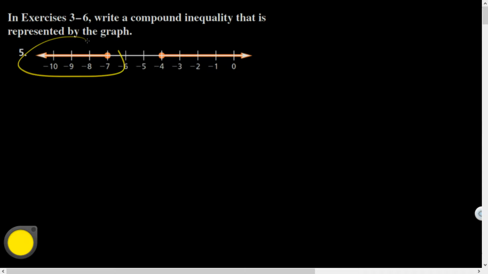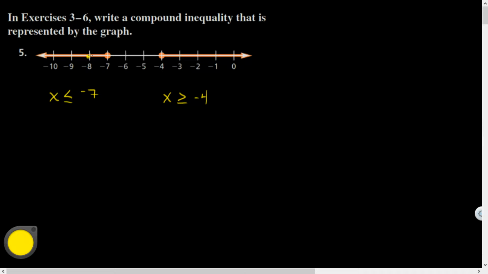So this part of it looks to be everything that is less than -7. Does it include -7? I think so. That looks like a solid dot, so we'll call that less than or equal. This side appears to be everything that's greater than or equal to -4. But I want to point out that there is no such point that is both bigger than -4 and less than -7 at the same time, right?